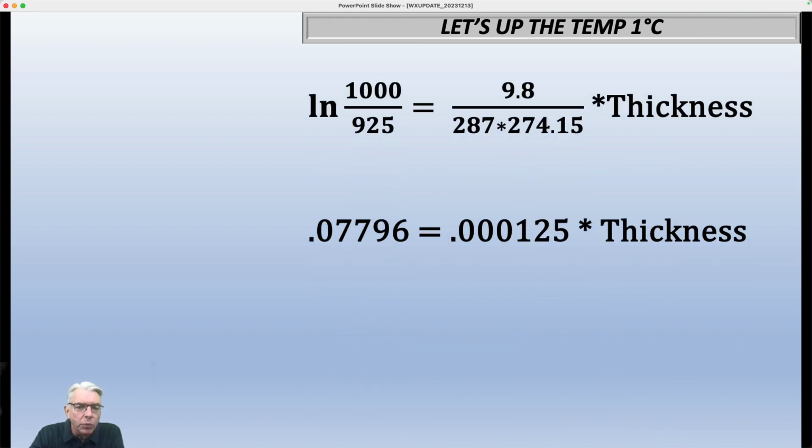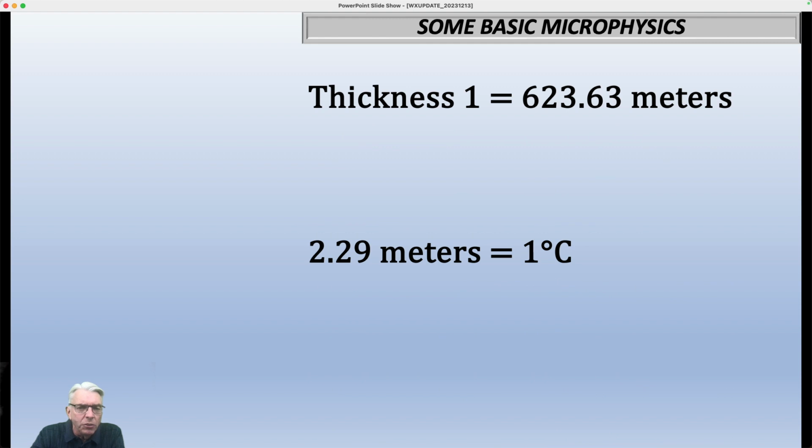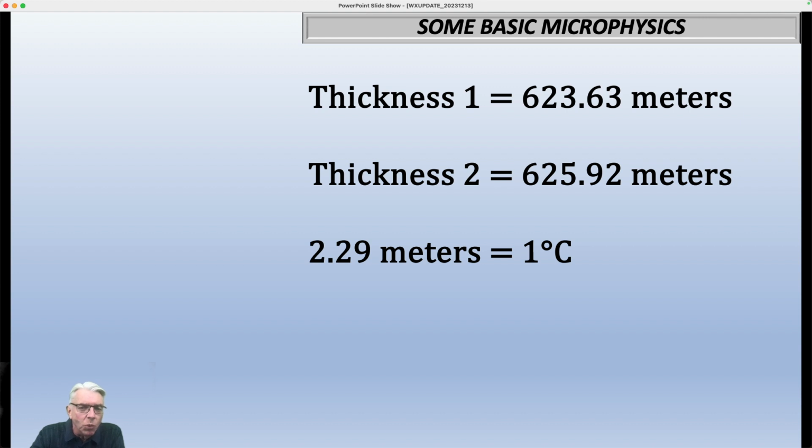Now, let's bump up the temperature 1 degree Kelvin, which is the same thing as 1 degree centigrade. And so now when we do the math, the thickness turns out to be 625.92 meters. Okay? I'm actually revealing this out of order here, I apologize. So thickness 1 was 623.63, thickness 2 was 625.92.